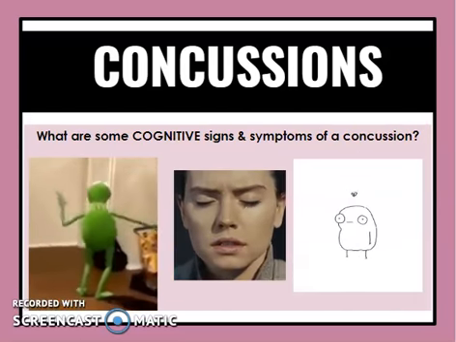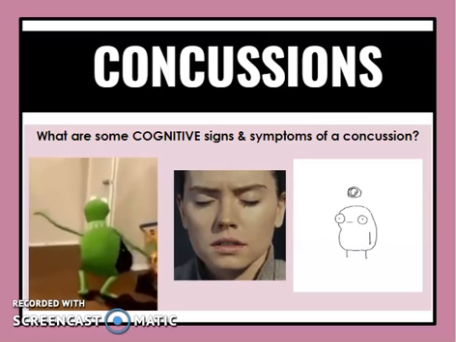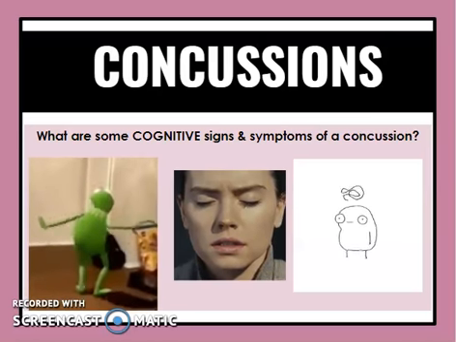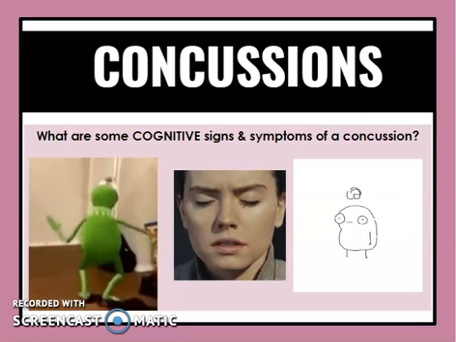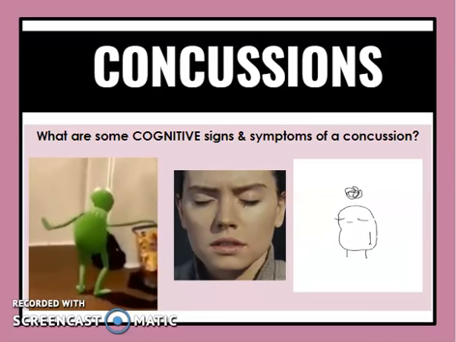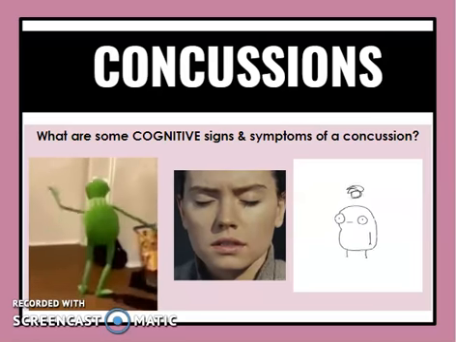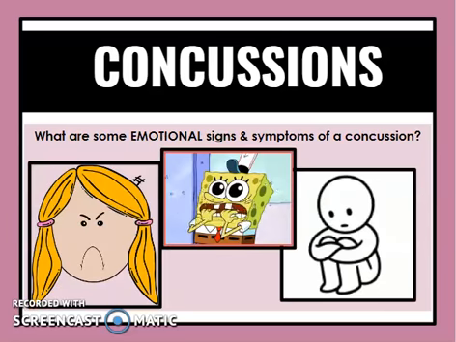What are some cognitive signs and symptoms of a concussion? Not thinking clearly, feeling slowed down, feeling like in a fog, problems concentrating, and memory problems. What are some emotional signs and symptoms of a concussion?